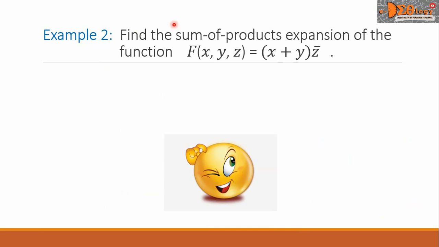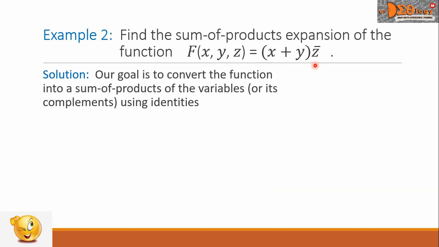Example 2. Find the sum of products expansion of the function f(x, y, z) = (x + y) times z bar. Our goal is to convert the function into a sum of products of the variables or its complements using identities. Let us write this function down here, and then let us multiply the z bar to each of the variables inside the grouping symbol.